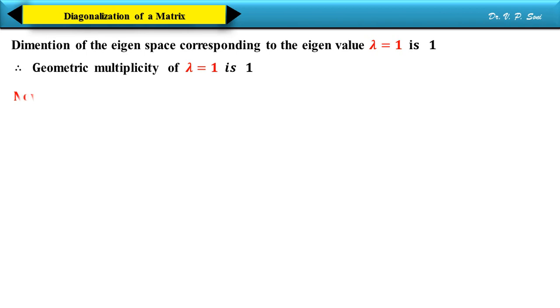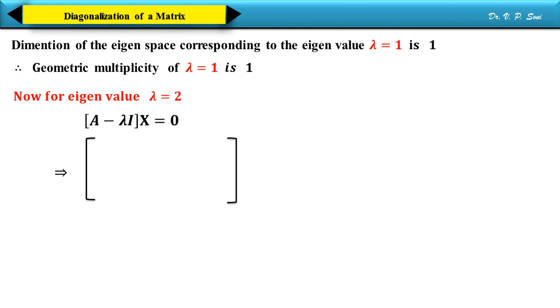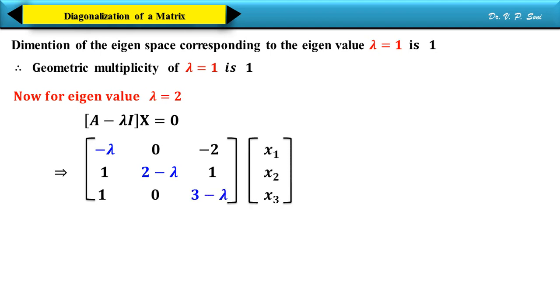Now for eigenvalue lambda equal to 2, (A minus lambda I) times column matrix X equal to column matrix 0. This implies matrix whose first row minus lambda 0 minus 2, second row 1 2 minus lambda 1, third row 1 0 3 minus lambda, into column matrix x1 x2 x3 equal to column matrix 0 0 0.